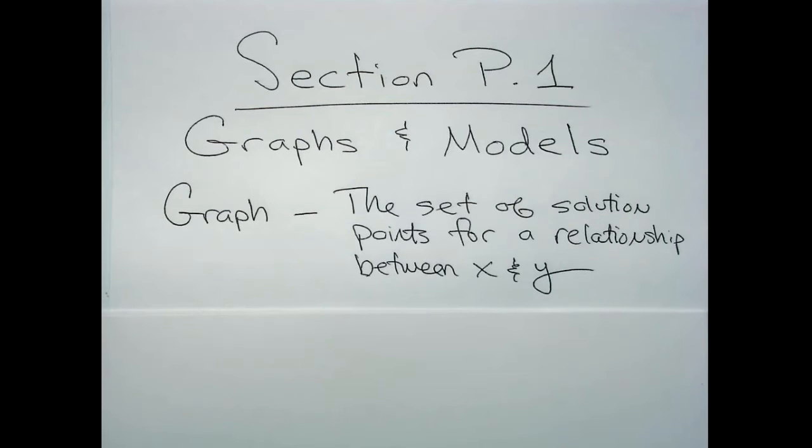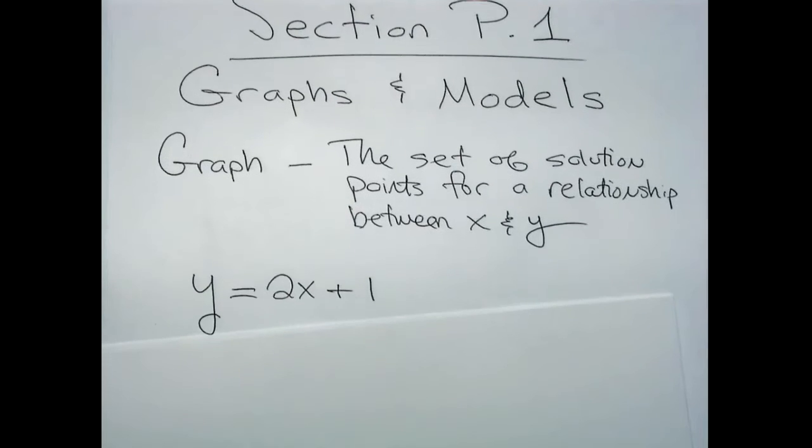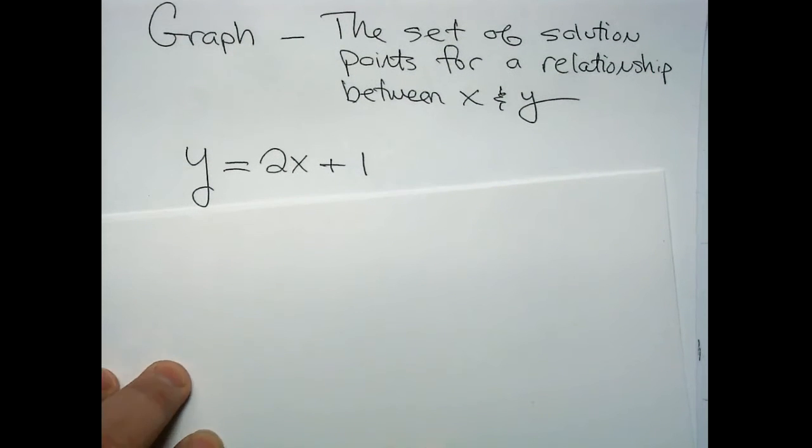So the first relationship I've got here is an equation, y equals 2x plus 1. And I'd like to represent the graph of y equals 2x plus 1. It's a linear equation or a linear function, but I don't think we would know to even use that word if we didn't plot it, which, again, we normally think of as graphing it.